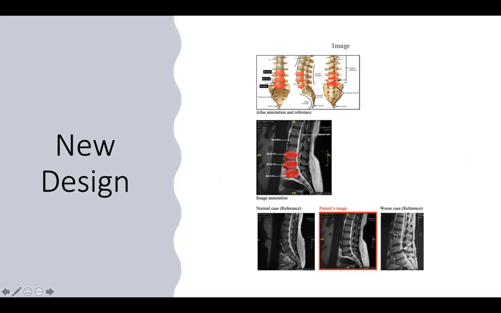So we gave him the normal scenario on the left and the worst scenario on the right. This won't answer all of his questions, trust me, but it will put the patient in the position that he can know exactly what he is in now, and he will be very prepared to meet his referring physician.